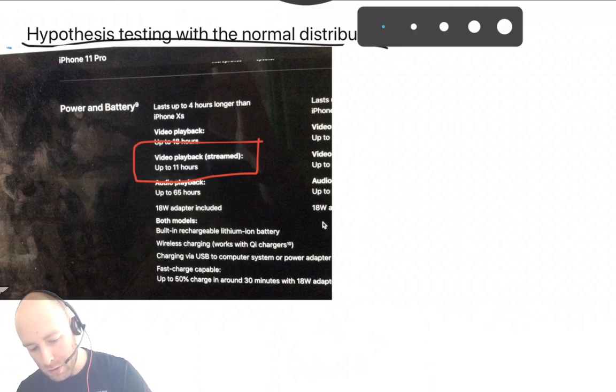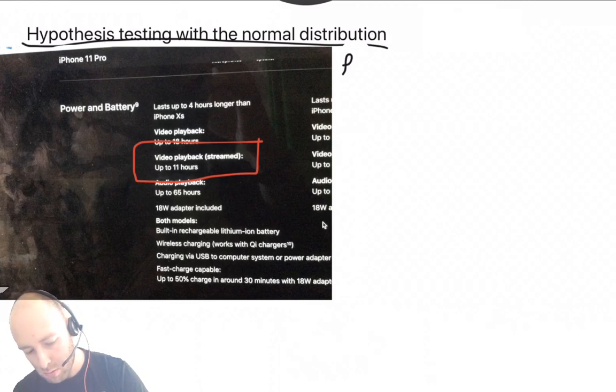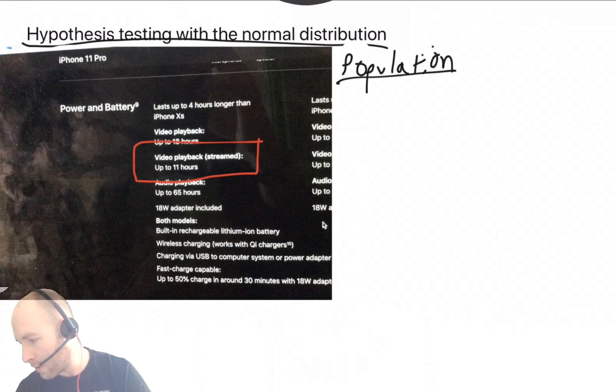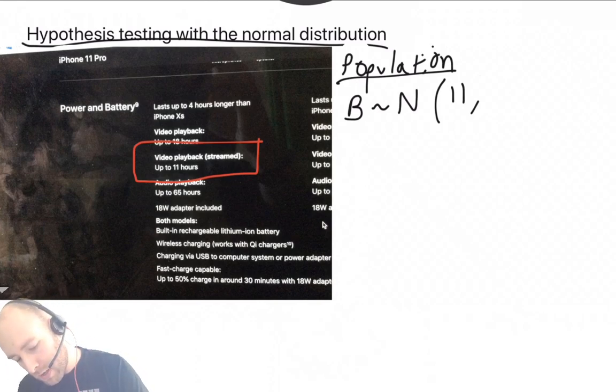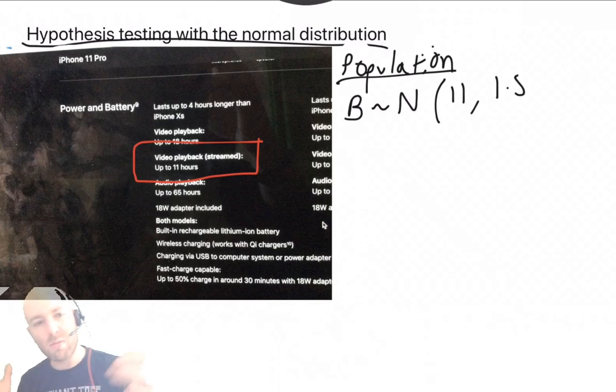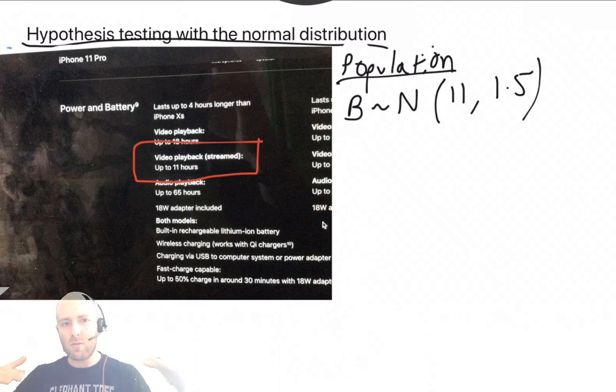So my population, if we do this up here, the claim is the battery life B is a normal distribution with a mean of 11. And I had to guess a standard deviation. I thought maybe 1.5 hours would be fair to give Apple a chance, 1.5 spread on those values.